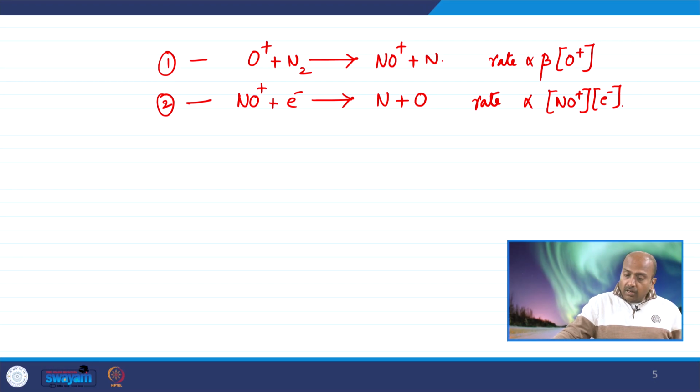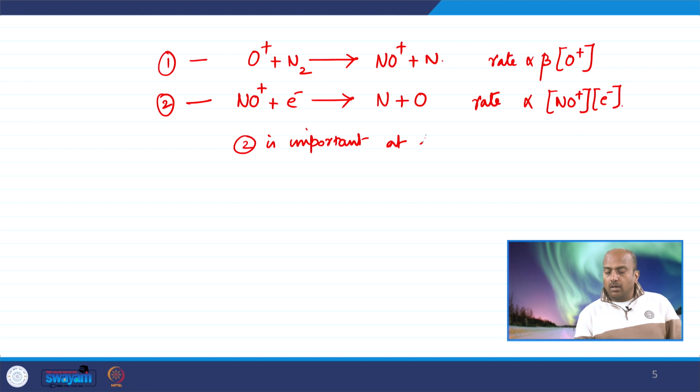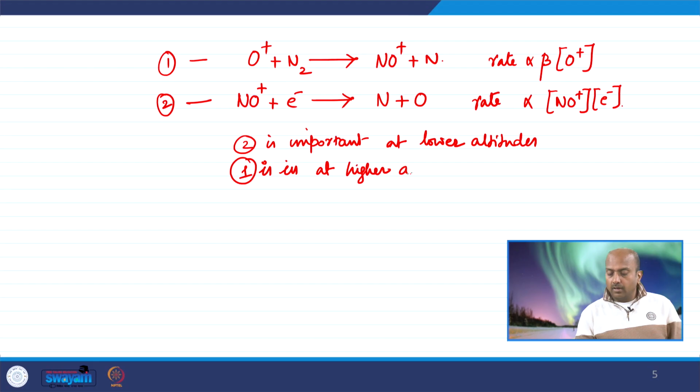Okay. Now, reaction number 2 generally controls the overall rate at lower altitudes, and number 1 is in control, the rate determining stage, at higher altitudes, right.